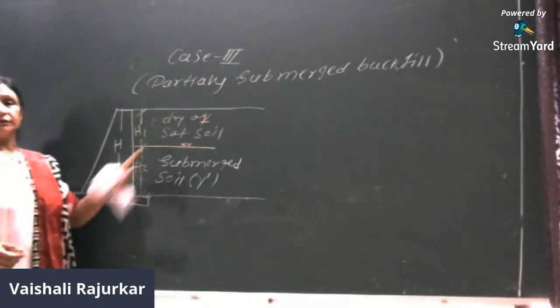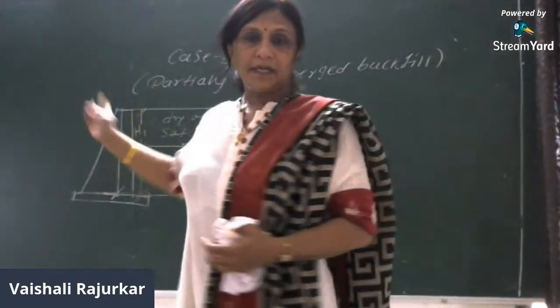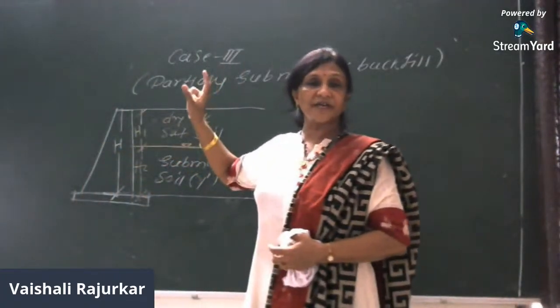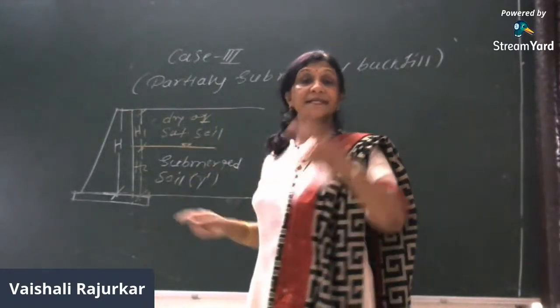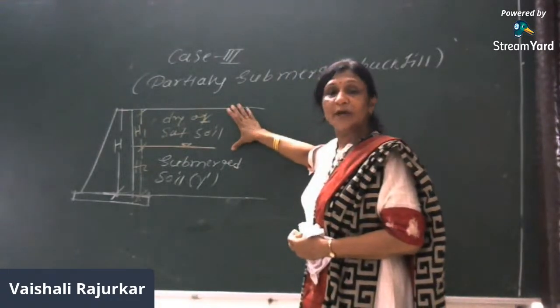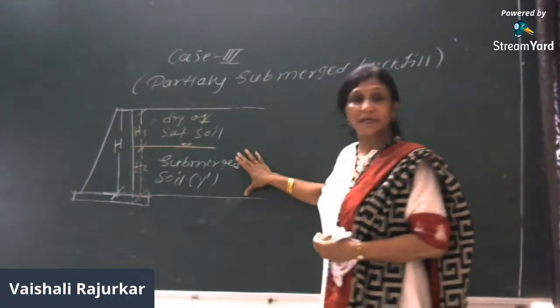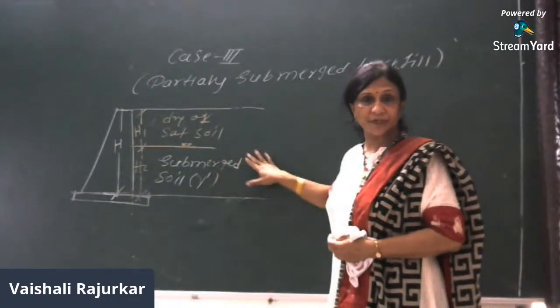So here the first layer is similar to the first case, when there is a dry cohesionless backfill. Here we are considering two layers because in the upper layer the soil is in a dry condition, whereas in the bottom layer, due to the existence of the water table, the soil is getting submerged. Right?